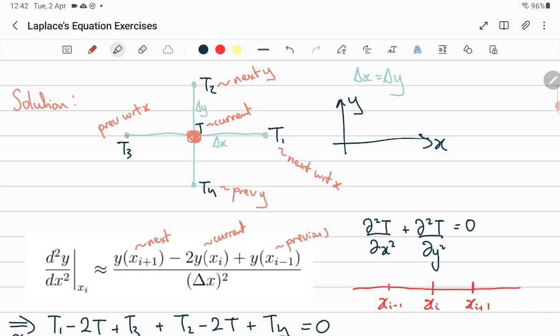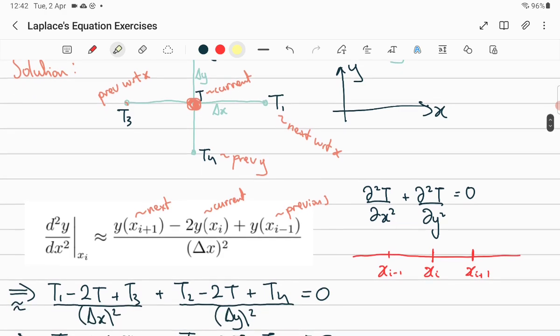You have T2 as the next in the y direction. T4 below is the previous in the y direction. Then T1 is the next with respect to x, where the role of y is being played by big T here, and T3 is the previous with respect to x.